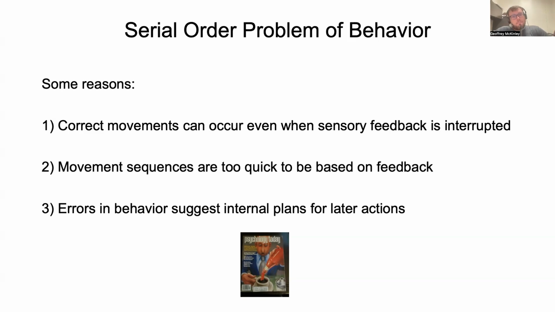The person likely had a plan to pour something into the coffee, but accidentally grabbed the ketchup and poured the wrong object. And so this is not a random error necessarily, because it reflects a part of a plan.